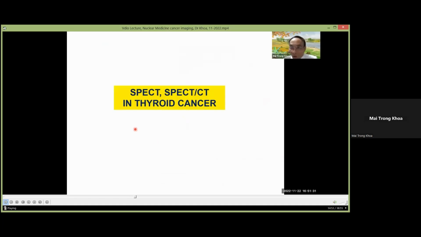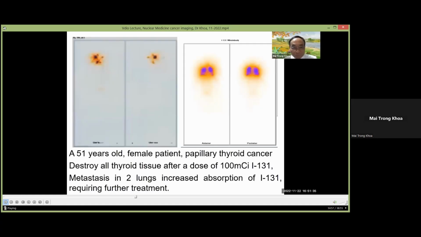Now we will see the roles of SPECT in thyroid cancer. This is a scan of a patient with papillary thyroid cancer who was treated with I-131 but now has two lung metastases on the SPECT scan. You can see here.